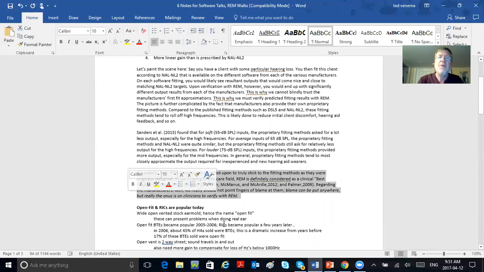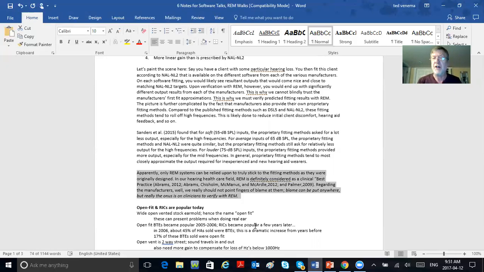Apparently, only real ear measurement systems can be relied upon to truly stick to the fitting methods as they were originally designed. In our hearing healthcare field, REM is definitely considered as a clinical best practice. Abrams, Chisholm, McManus, and McArdle, 2012.